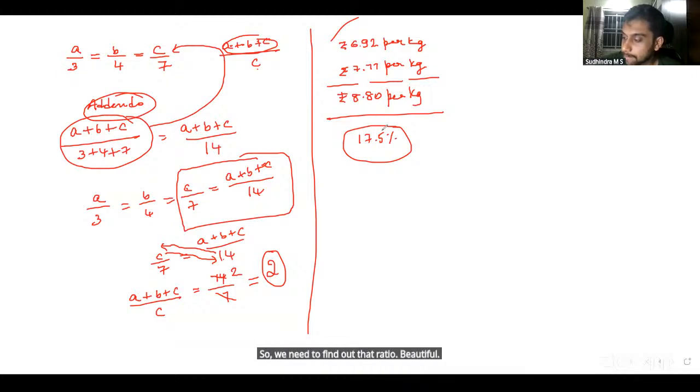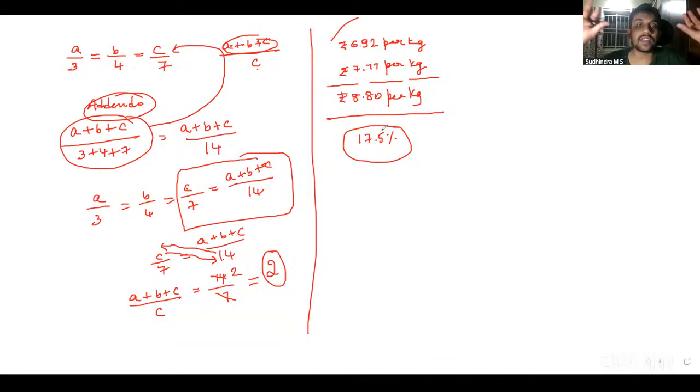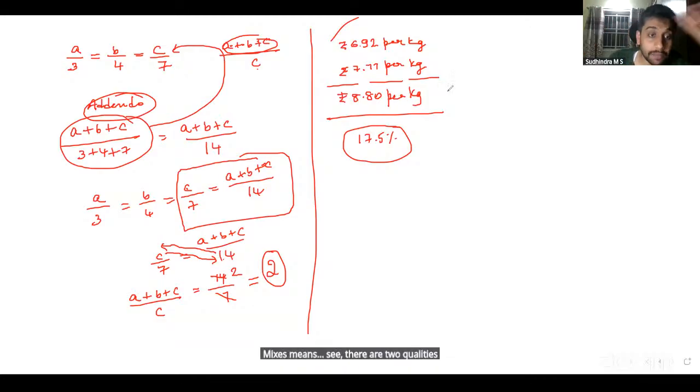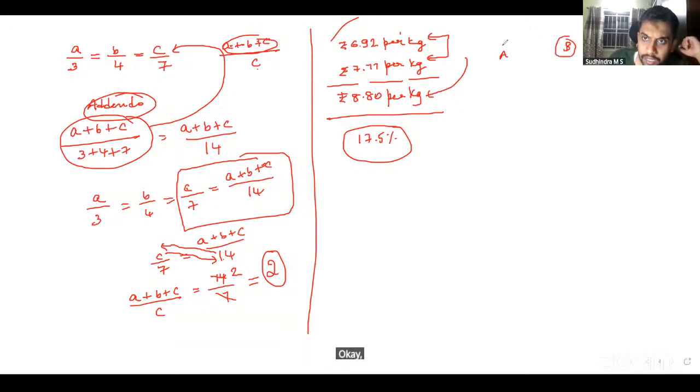Beautiful. So what does mixes tea mean? Mixes means, see, there are two types of tea, two different qualities of tea. They are mixing both, and that mixture is sold. Okay, TA and TB, they are mixing both and then selling it.